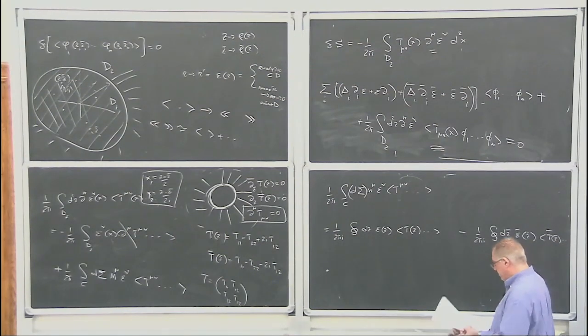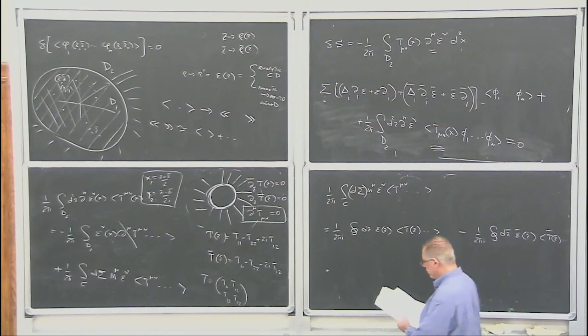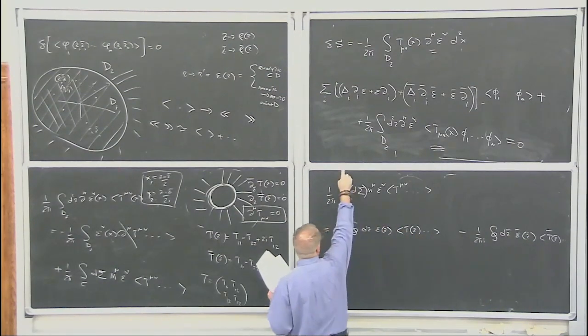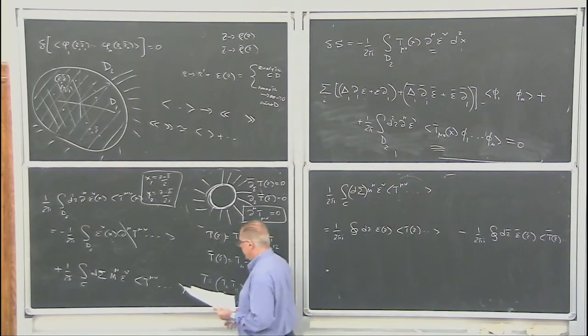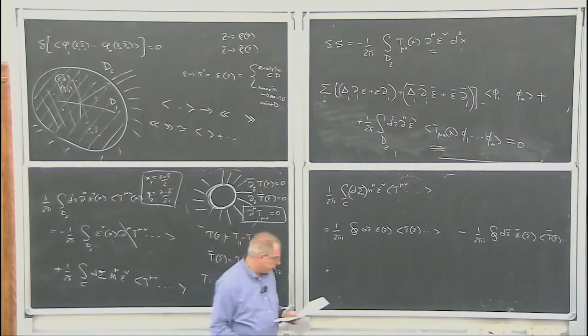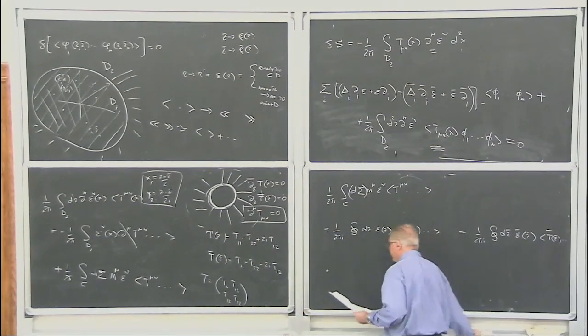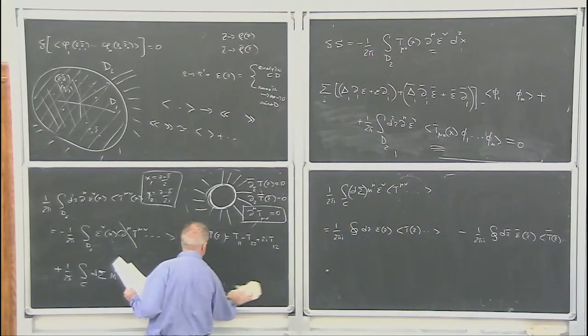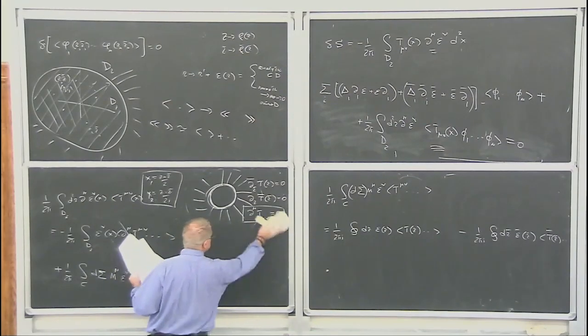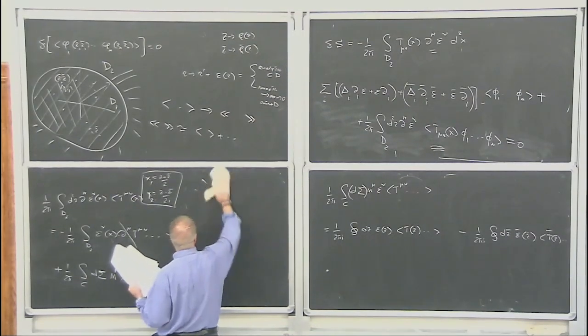And at this point, coming back to my previous equation, we realize something very nice. First of all, you see that the z and z bar parts are completely decoupled.